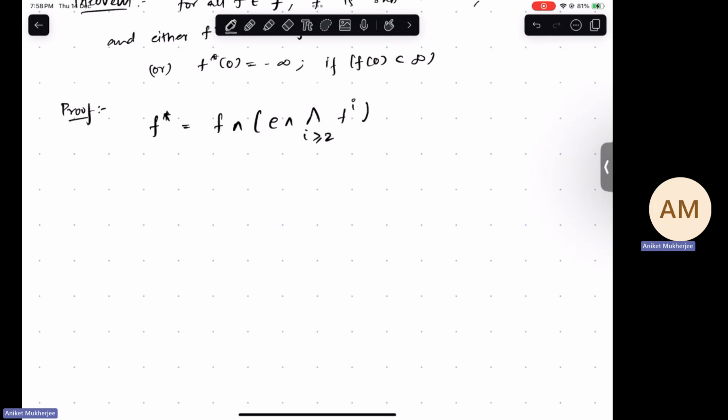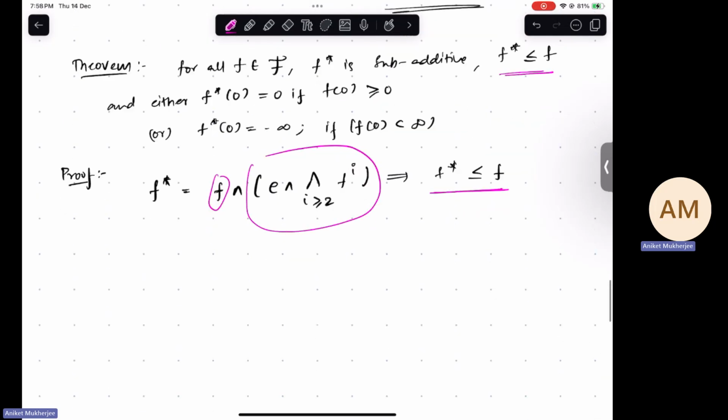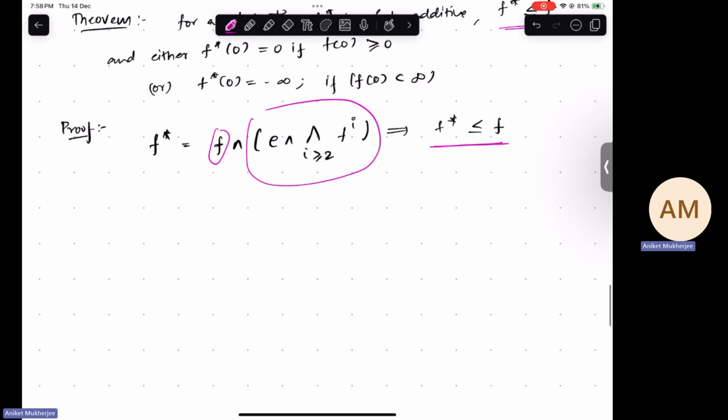Now, from this you can see that f star is less than or equal to f because it is the min of two terms. So from this we got f star is less than or equal to f. That is this, right?